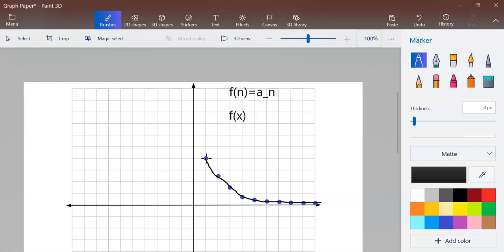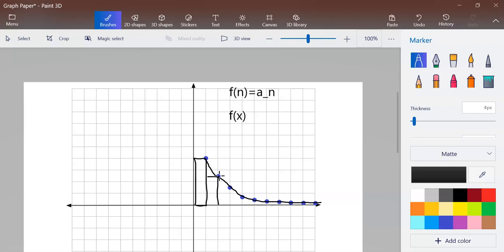I can translate that into an area very easily by just taking a rectangle. I didn't draw that very well, but a rectangle here with height 4 and width 1. And then I can take another rectangle for my second term in the sequence.